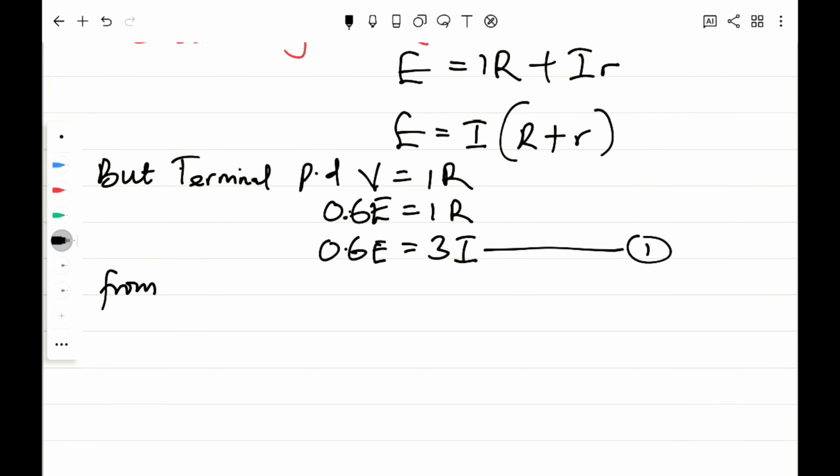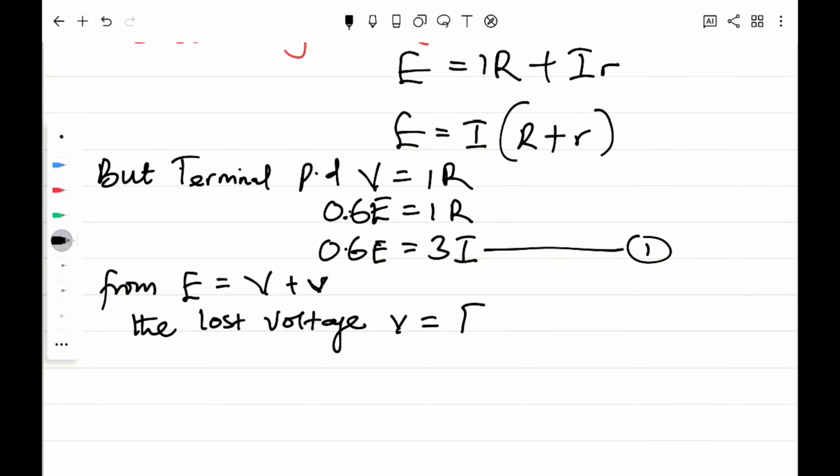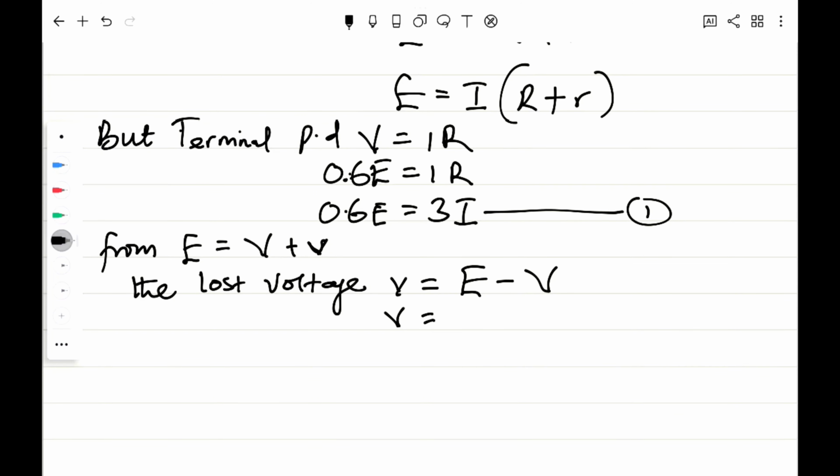So let's do the same thing to the internal resistance. From E is equal to V plus v, the lost volt or voltage, which is lowercase v, is equal to E minus V. By substitution, v is equal to 1 minus 0.6E.